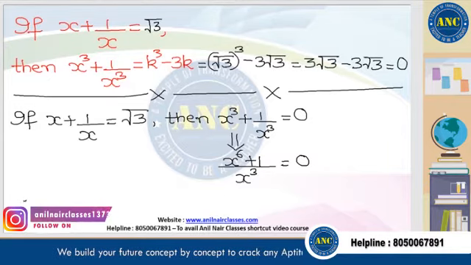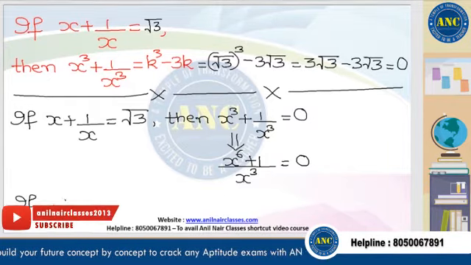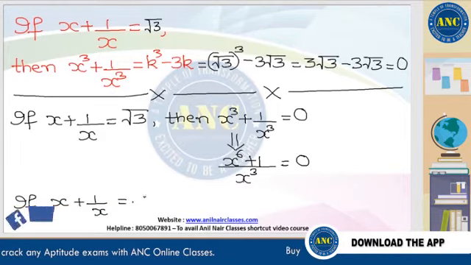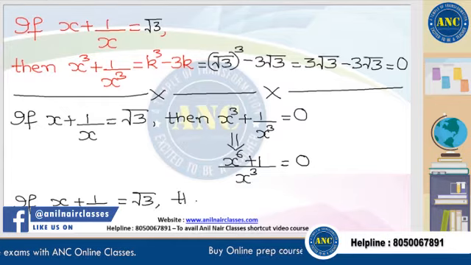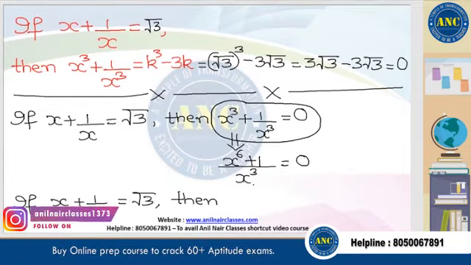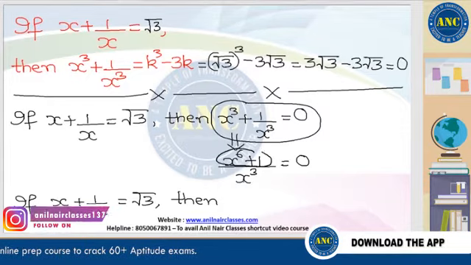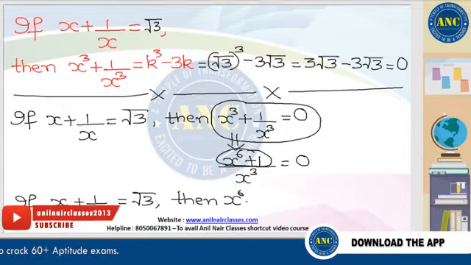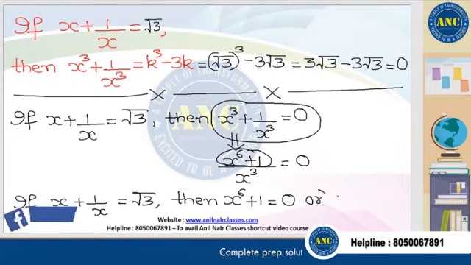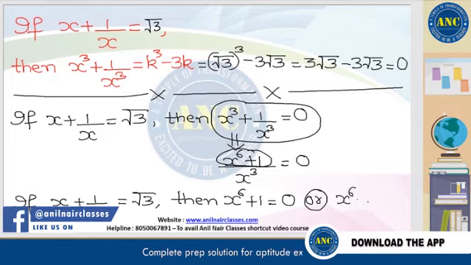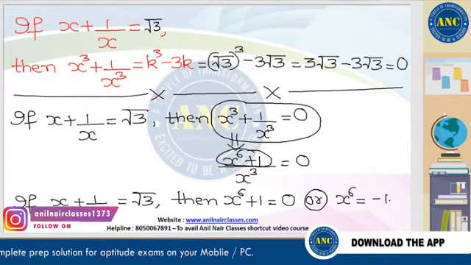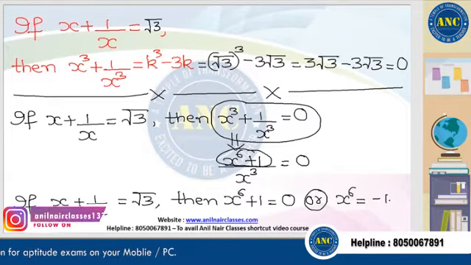That means I can say this also: if x plus 1 by x is equal to root 3, one way of saying it is x cube plus 1 by x cube will be equal to 0. Another way of saying is x power 6 plus 1 will be equal to 0, or I can also call this as x power 6 will be equal to how much? Minus 1. You can call it in completely different ways, sir. You can call it in different ways, but everything remains the same.